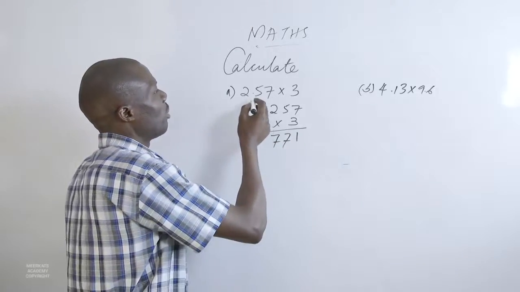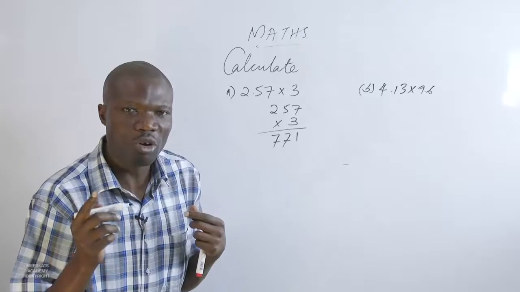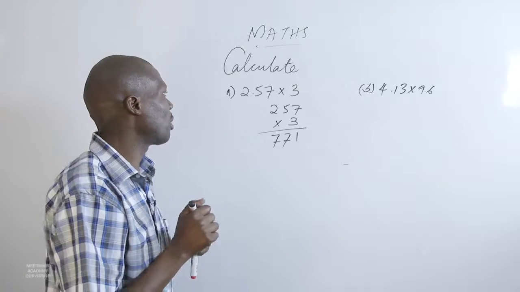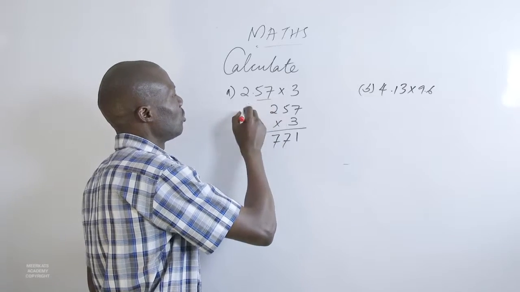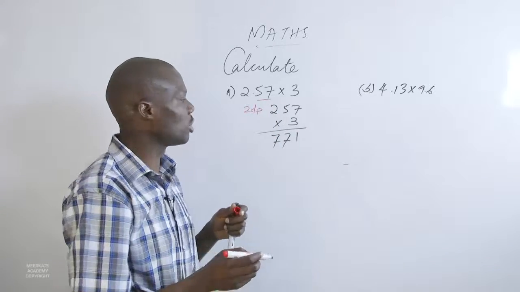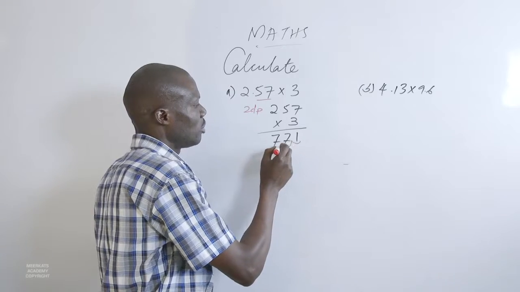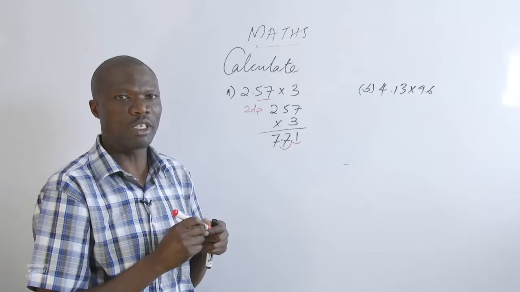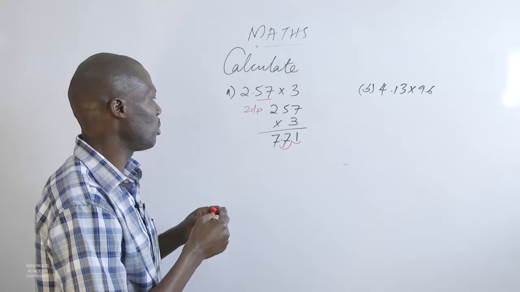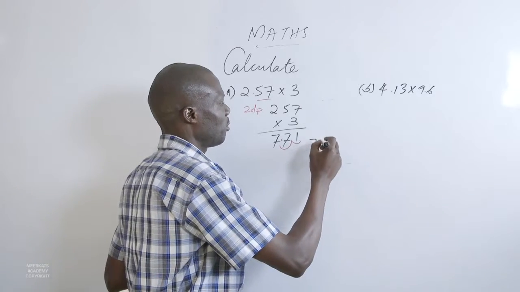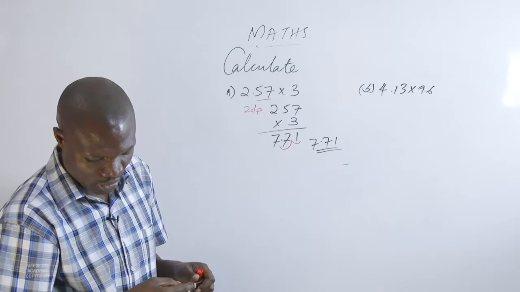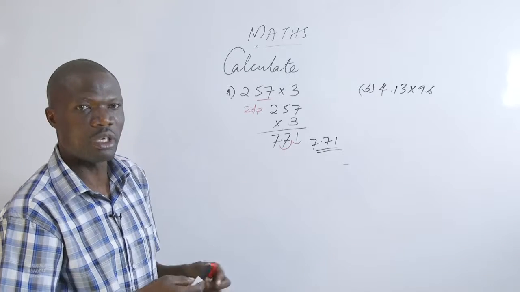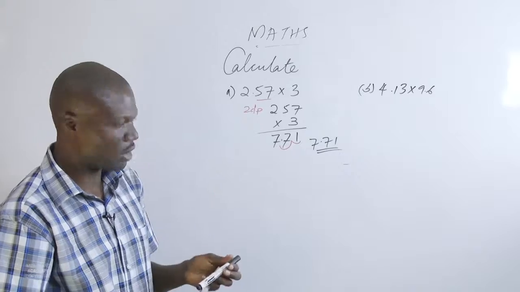Then we look at what was the total number of decimal places. Total number of decimal places in our product was 2. So we shall count 1, 2. We have our decimal place there. So our answer becomes 7.71. This one is our solution, 7.71.